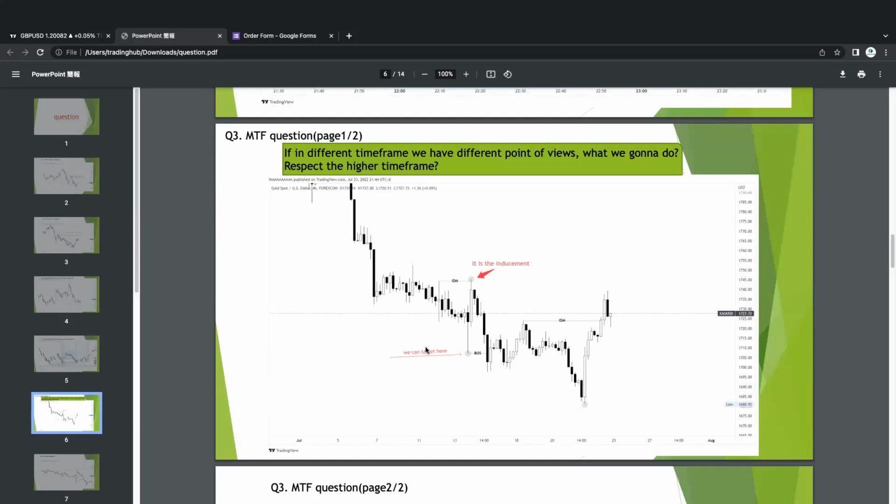This is an inducement we can target here. Yes, once market sweeps the previous high or low, then we should target the major high or low. In this case, you can see the market tapped here and swept this high. So we can sell on the lower time frame and target this low, which is absolutely correct.